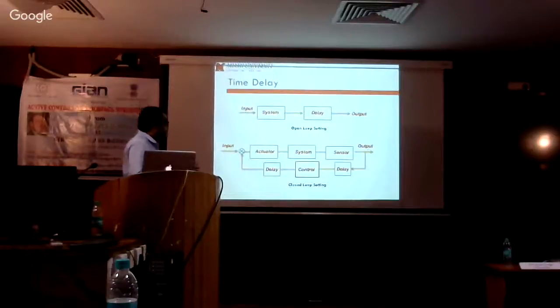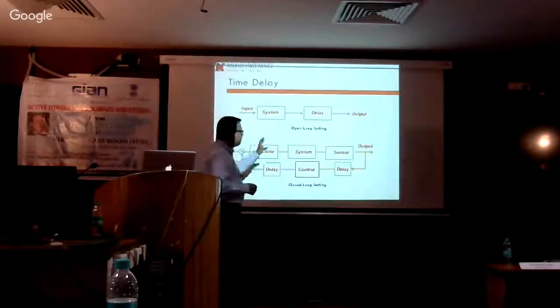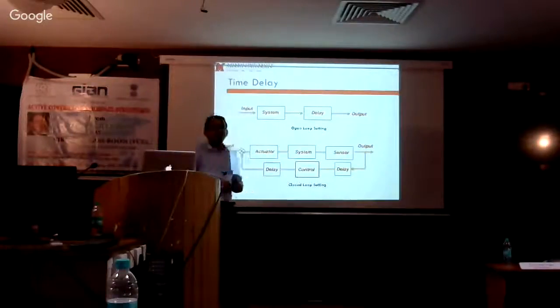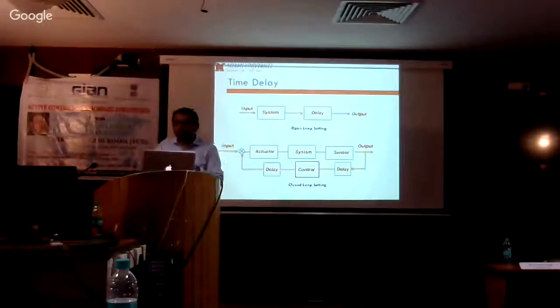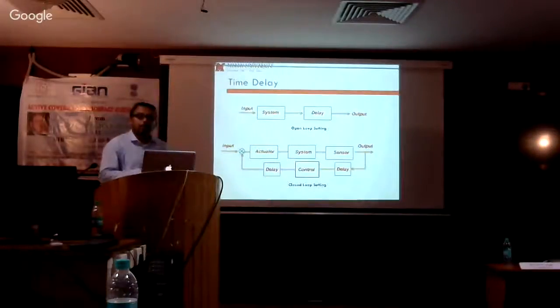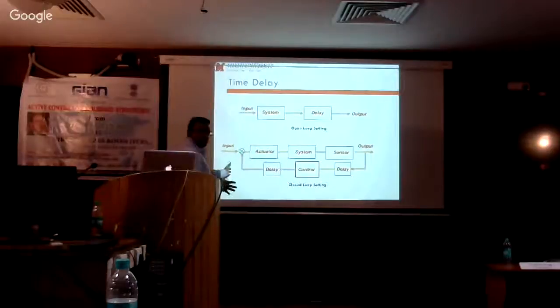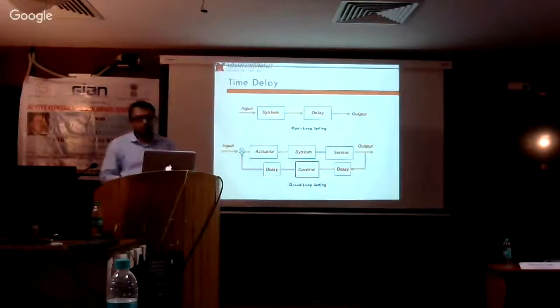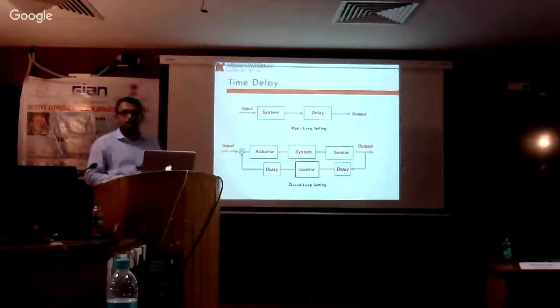So in a closed loop setting, for any dynamical system, when we are applying a closed loop control, the delay can become detrimental in implementing the control without making the system stable.